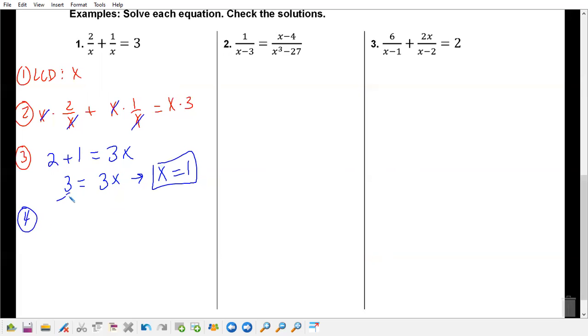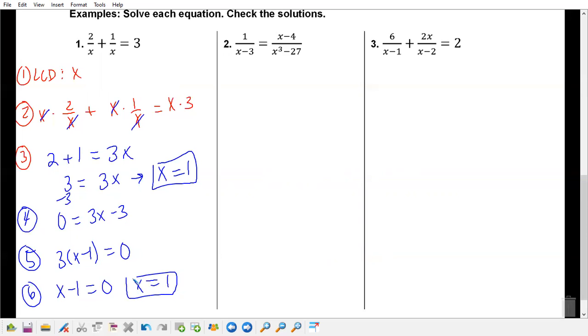If I want to get this by itself, subtracting 3: 0 equals 3x minus 3. Oh, I'm going to factor this. That gives me 3 times x minus 1 equals 0. Oh, use zero product. x minus 1 equals 0. So x equals 1. Yes, I can go through those steps, but using my knowledge and my math sense, I can see where to stop. Does that make sense?